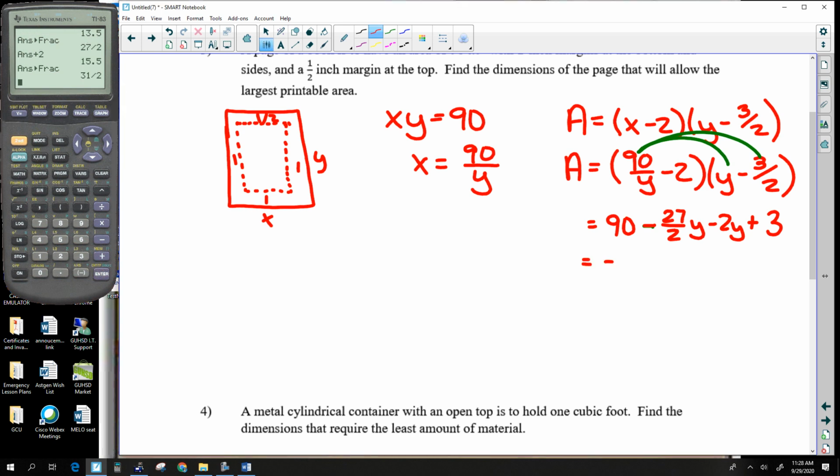So this is negative 31 over 2 y plus 93.